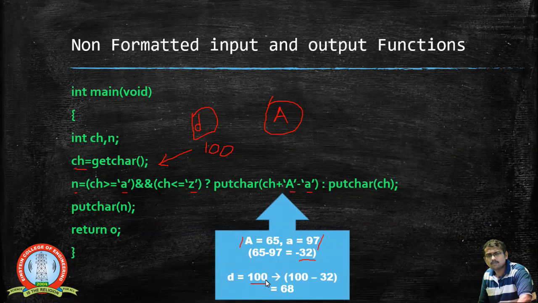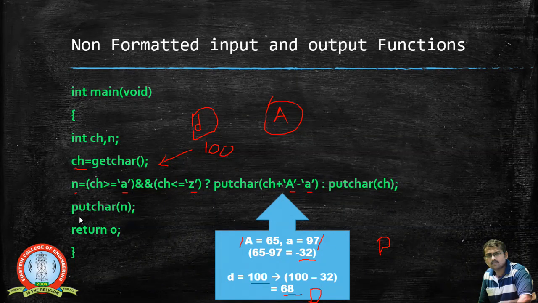After storing, the ASCII value of D is added with the previous value, that is A minus a, which is negative 32. Now what I get is this 68. This 68 is the ASCII value of the capital D, right? So automatically the lowercase character small d is converted into a capital D.